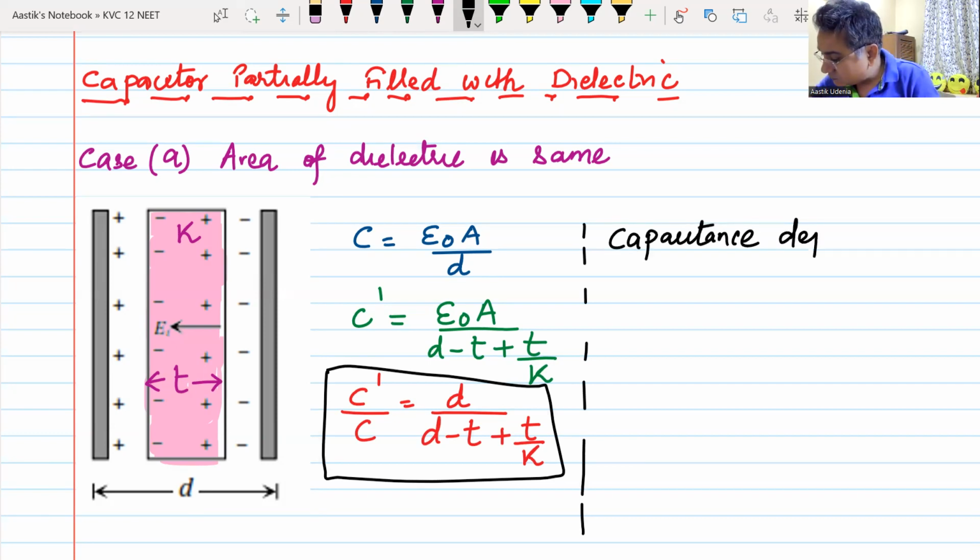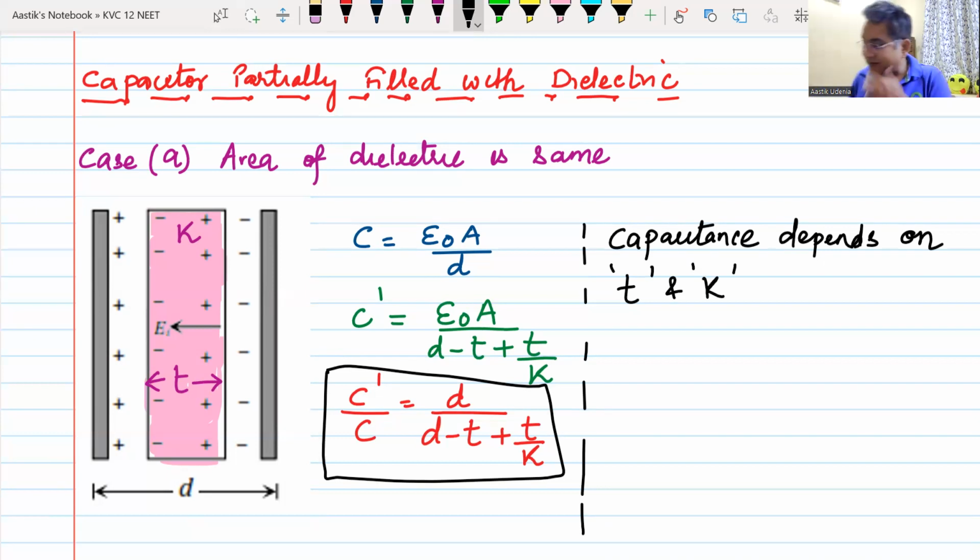It depends on T. What is T here? Can anyone tell me what is T here? T is the thickness of the dielectric slab. Well done. And it depends on K.